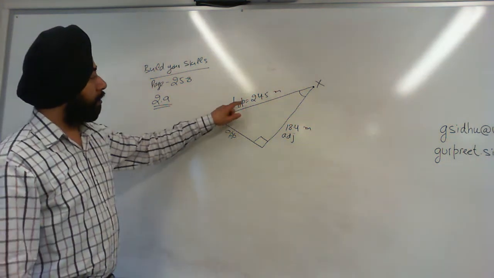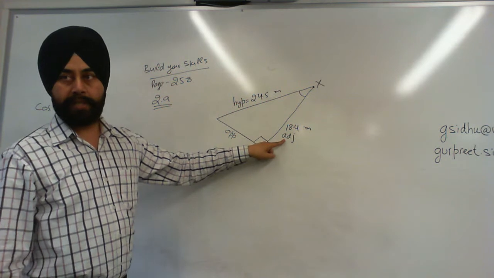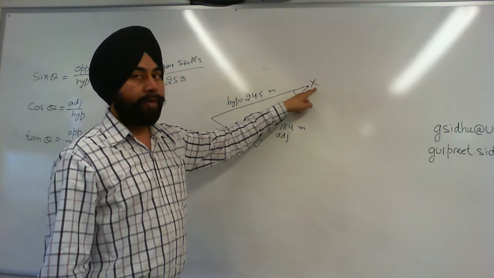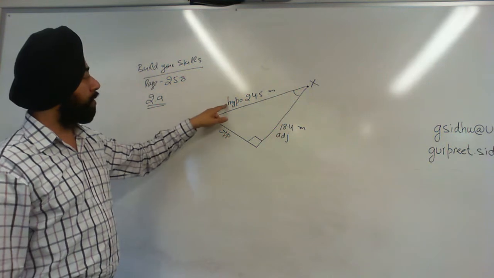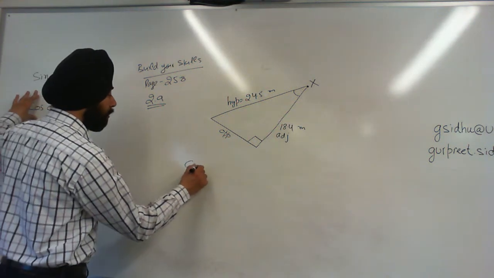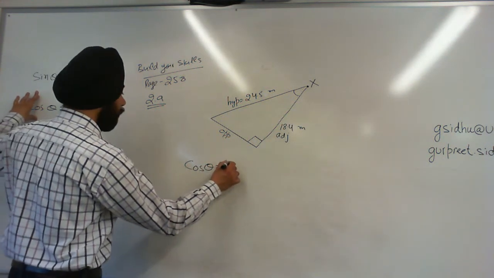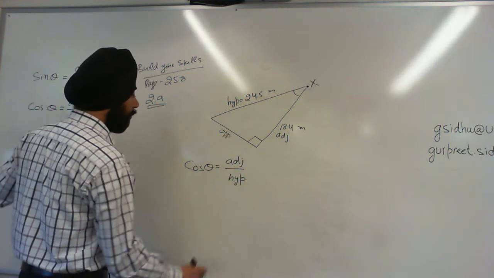Now, because the two sides that are known are hypotenuse and adjacent, and this is the unknown angle, what would you use? What T ratio uses hypotenuse and adjacent? Cos? So you will write down the formula for cos. Cos theta is adjacent divided by the hypotenuse.